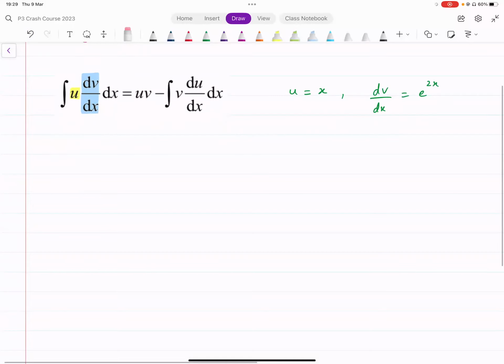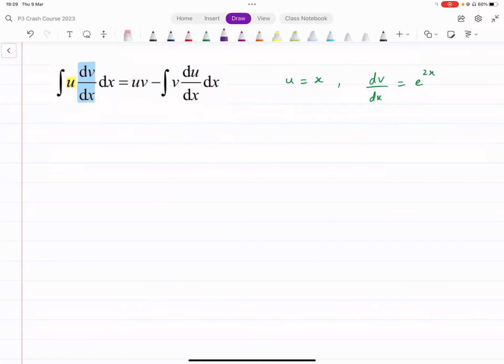Now, how does that work? Let me write that integral here first of all. That's x e raised to power 2x, and we want to integrate this with respect to x. What we're saying is u is x and dv over dx is e raised to power 2x.